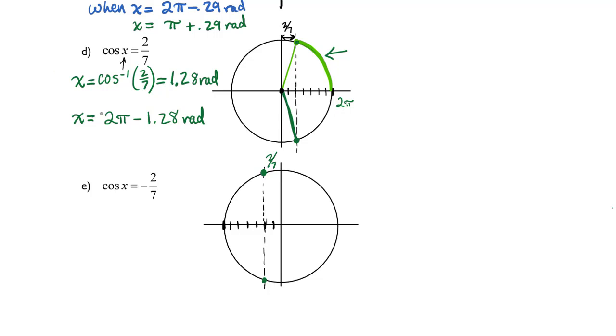And I can do that by finding the angle in the 2nd quadrant or the 3rd quadrant. They will both give me values that are negative 2/7. I can find one of those angles by taking cosine inverse of negative 2/7.